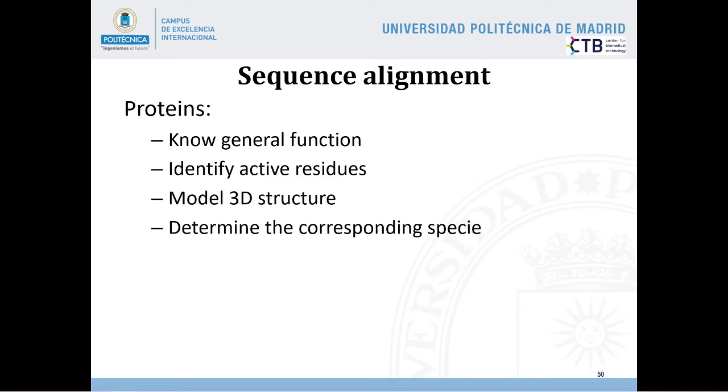That is important also for the interactions, where they are binding, or to which proteins or DNA or whatever they are binding to. And also, as in the DNA, we can determine the species they are coming from by those alignments.